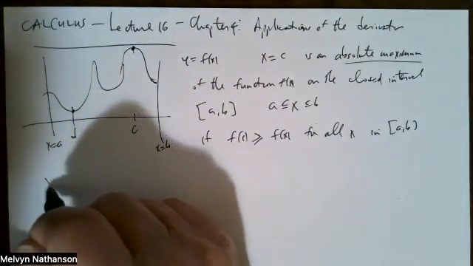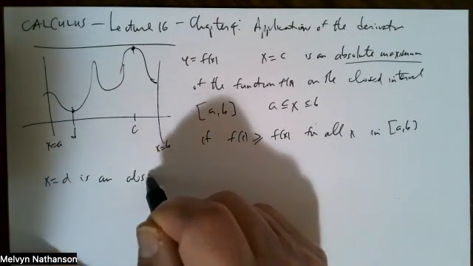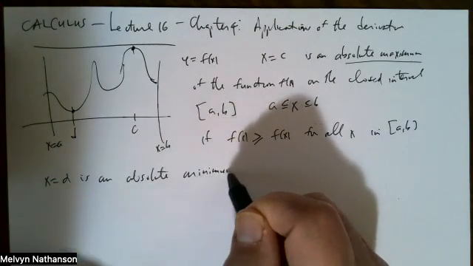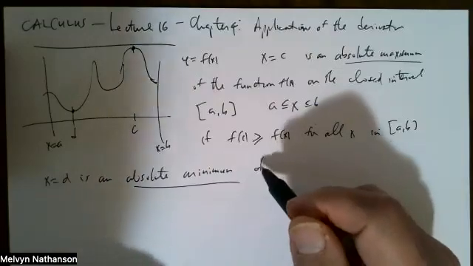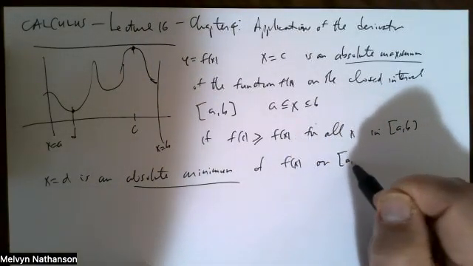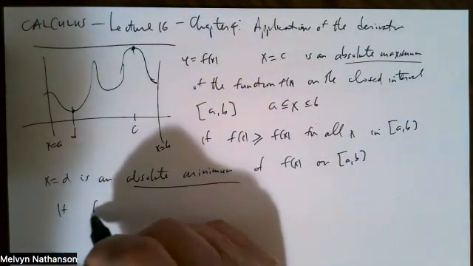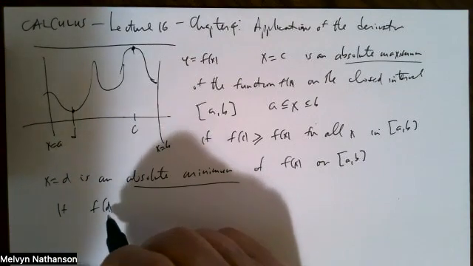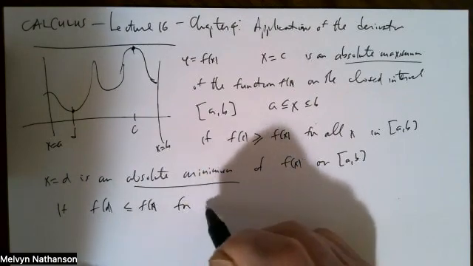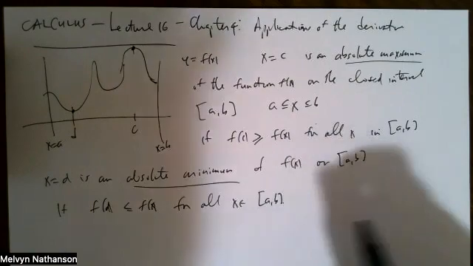And similarly, there's the idea of an absolute minimum. So we say that x equal d is an absolute minimum of the function f of x on this set AB, the closed interval from A to B, if f of d is less than or equal to f of x for all x in AB.